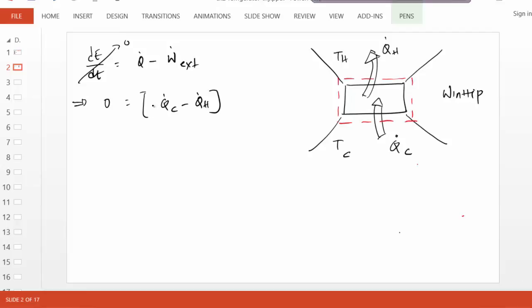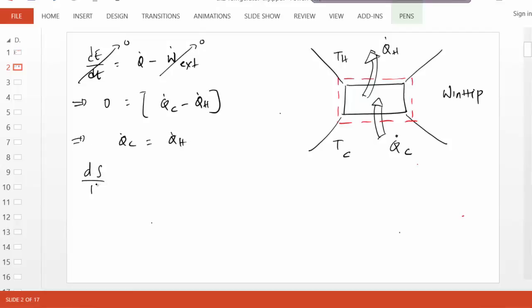So if you notice, Q dot C and Q dot H are all positive quantities. The arrows are showing the direction. Heat in is positive. That's why we are putting Q dot C as plus and Q dot H as minus. And of course, there is no work transfer at all. So that's our equation. It simply says Q dot C equals Q dot H.